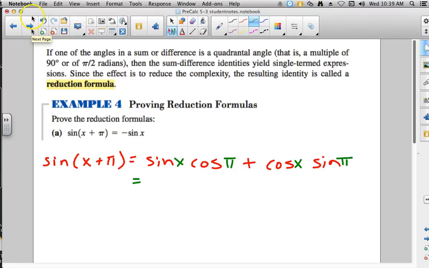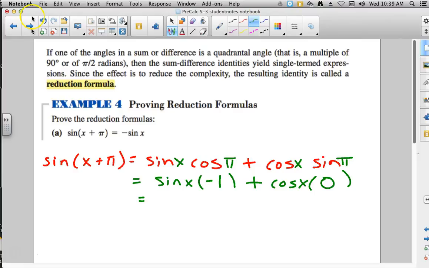Sine of x, well, we don't know what that is yet. But we are hoping some really nice stuff comes from dealing with pi. So what is the cosine of pi? -1. What is the sine of pi? 0. Oh, like that. Because 0 times anything is 0.